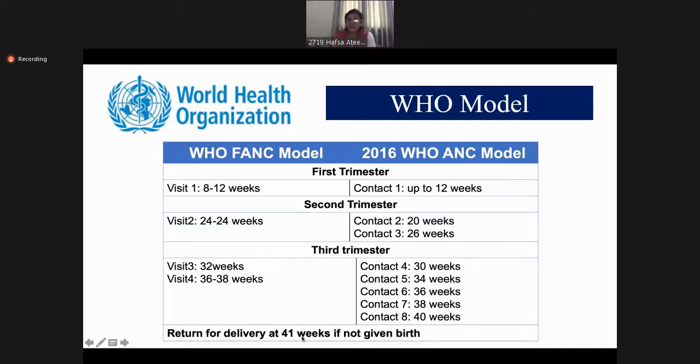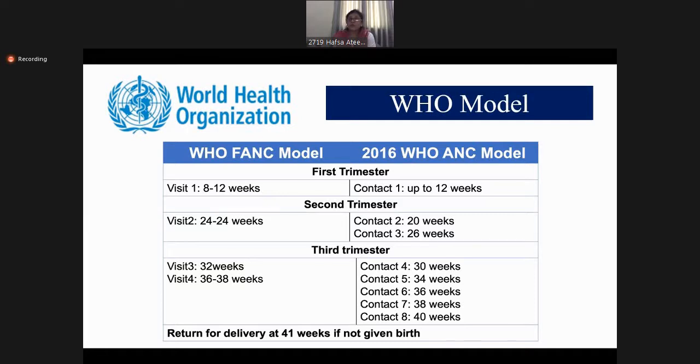If the birth is not given till 41 weeks of pregnancy, the patient will be labeled as having a past term pregnancy, and the causes of this should be looked into. She may have a contracted pelvis, some other complication, cephalopelvic disproportion, or the dates may be wrong. If the early ultrasound and the dates confirm that she is crossing the 41st week, then she should be either induced and delivered or subjected to a cesarean section as the conditions require.